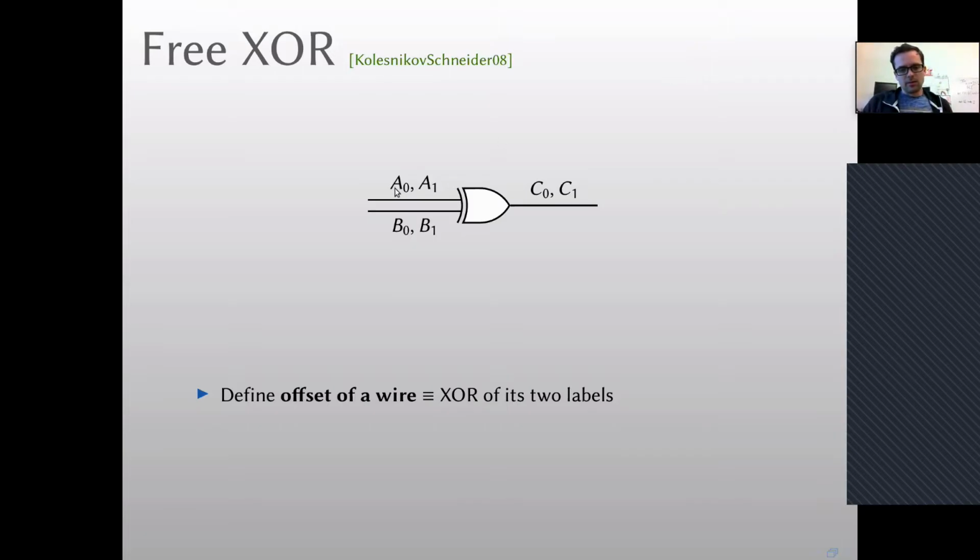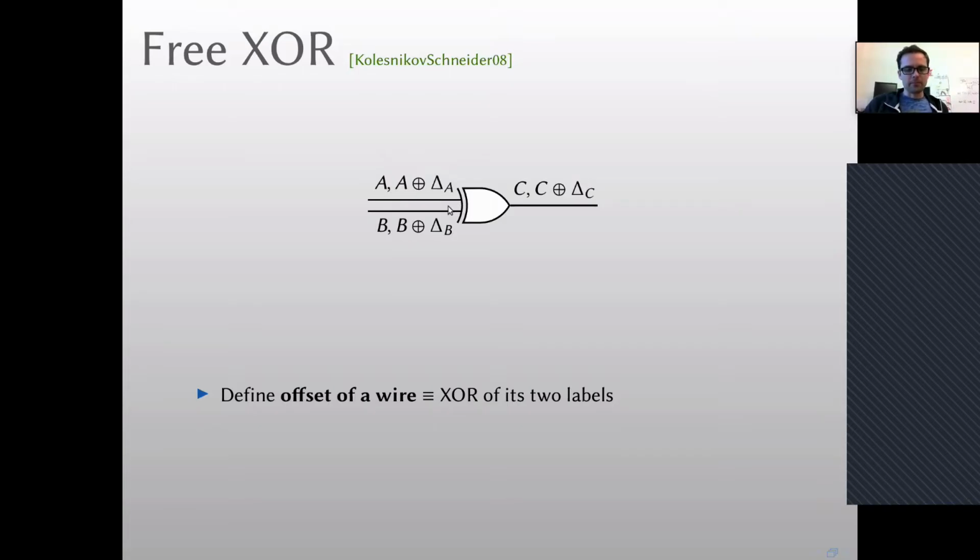Previously we were just thinking about the false label and the true label. Those are the important things on a wire. I want to introduce a new value on the wire that's also important, and that's just the XOR of these 2 wire labels. I'll say that the offset of this wire is A0 XOR A1.